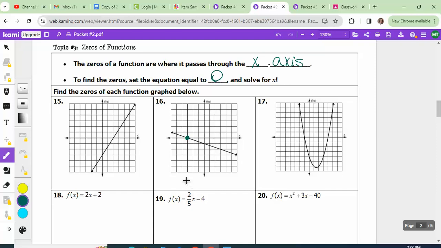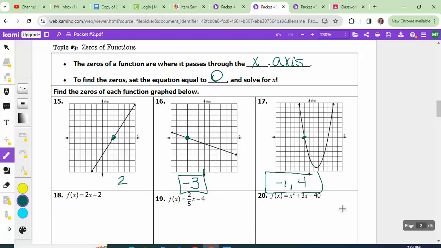What is that point? 15 is 2. 16 is -3. 17 is -1, and 4. So we're just looking at where it crosses the x-axis.